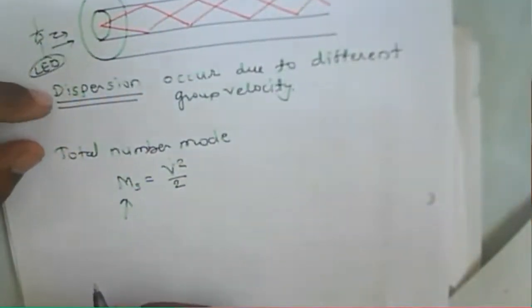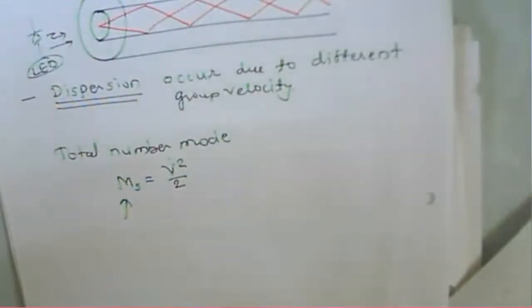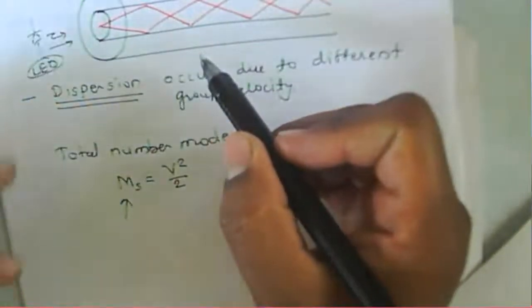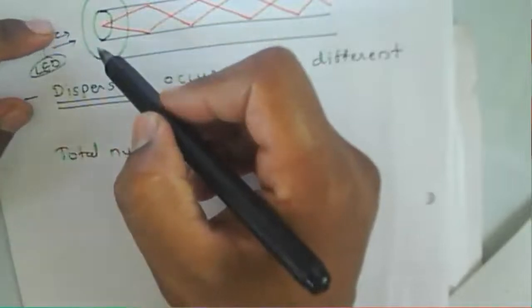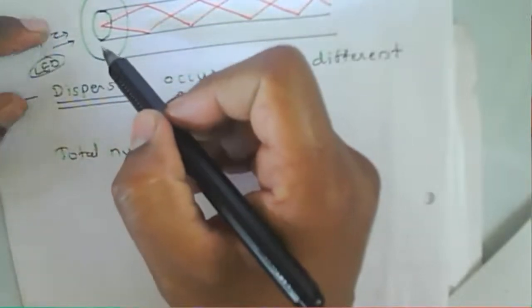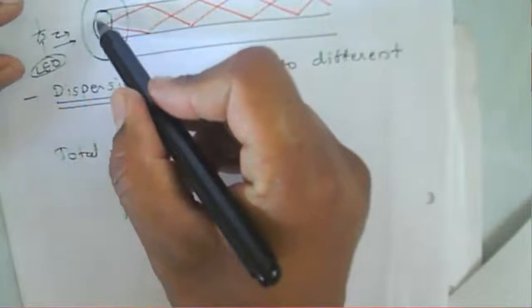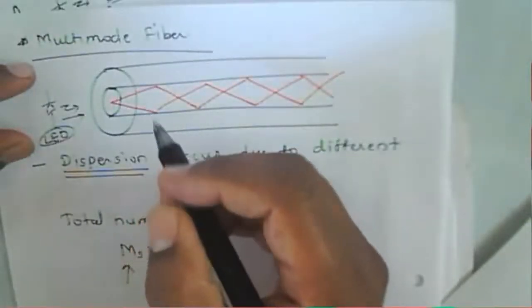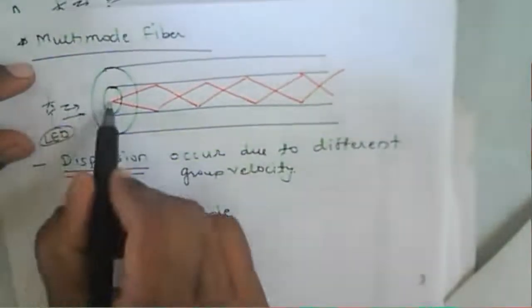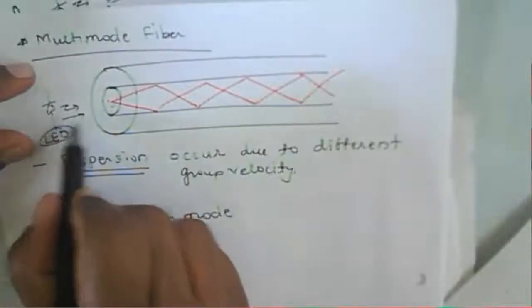Then, if you consider the ideal fiber, in that case they have a difference in the core refractive index and variation in the diameter. If you use a different, smaller core diameter, then coupling from the source to the fiber is difficult.